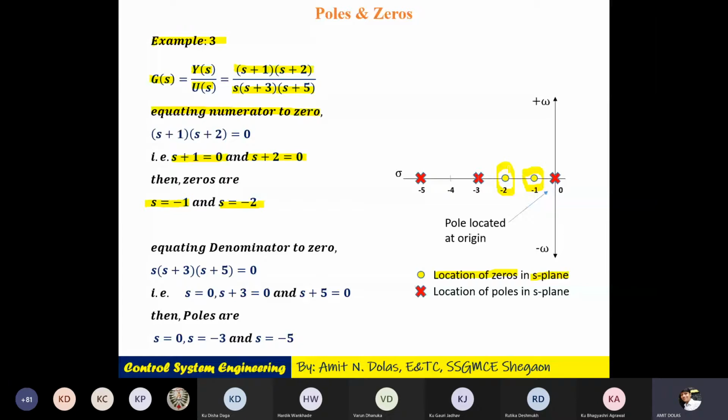That will be clear in the next PPT, because if we are talking about a system, then the first parameter that comes is stability. The location of these poles and zeros on the S plane will let you identify whether the system is stable, unstable, or marginally or conditionally stable. That will be studied later in this lecture.